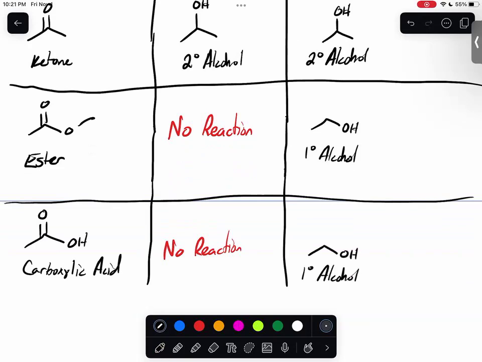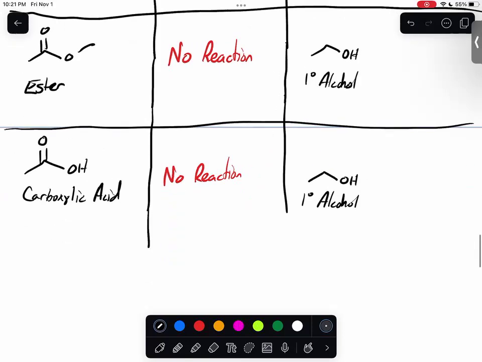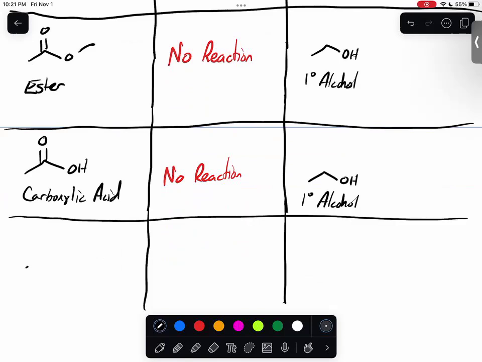Another type of carbonyl that we just talked about is an amide. Looking at the amide, funny enough, sodium borohydride has no reaction, but lithium aluminum hydride does, and it forms the amine.